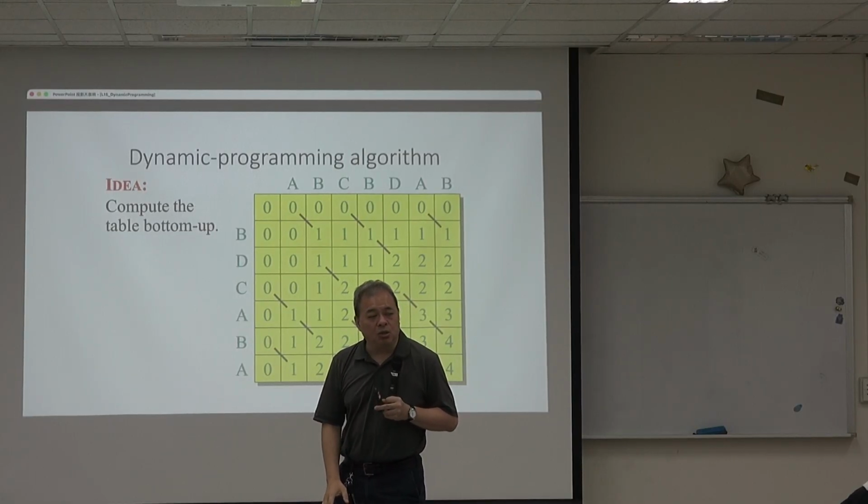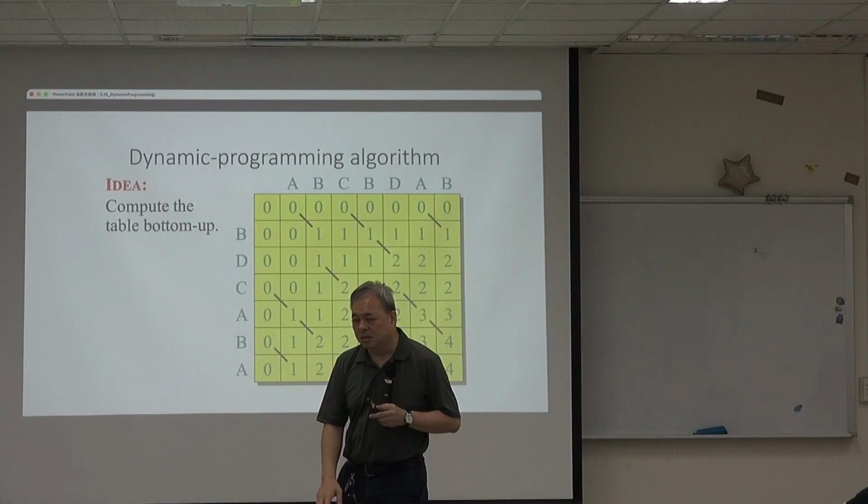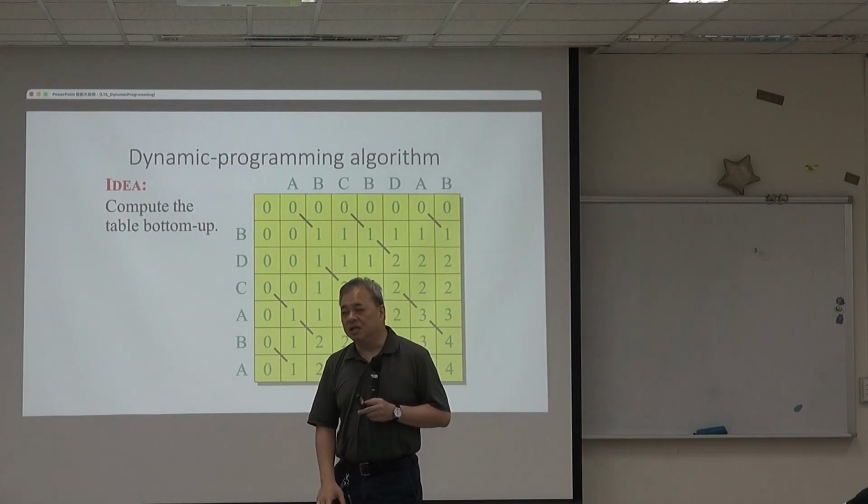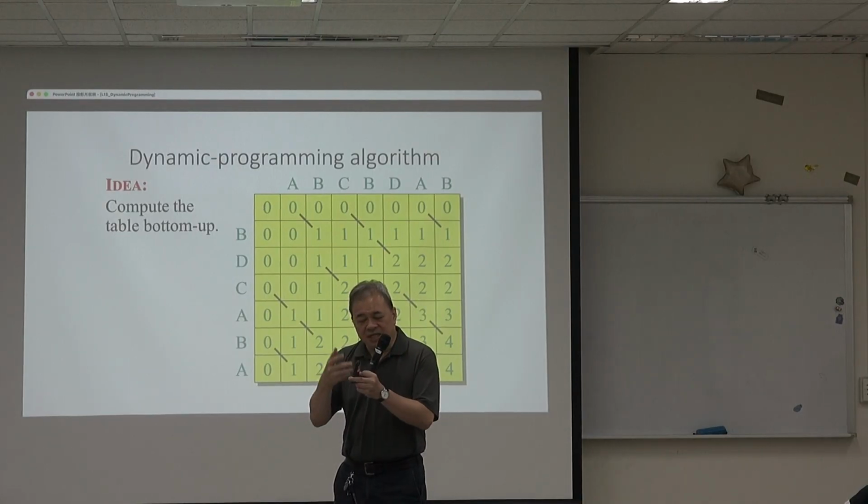So how do we obtain all the LCS? Remember what I told you: if there's no indication, if this cell is not from the diagonal, you can go either way.